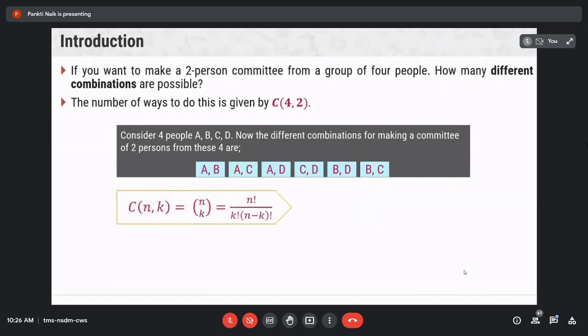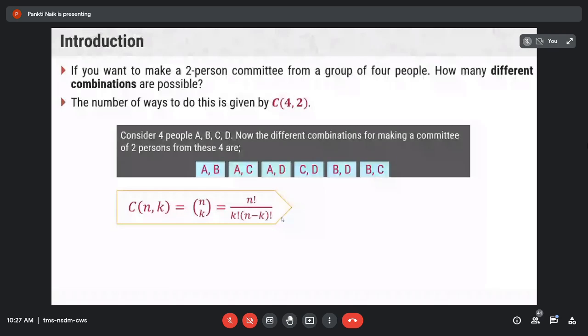So you can write it in mathematical notation like this: C of n comma k, which is nCk, is equal to n factorial divided by k factorial times n minus k factorial. This is the formula for computing the binomial coefficient.